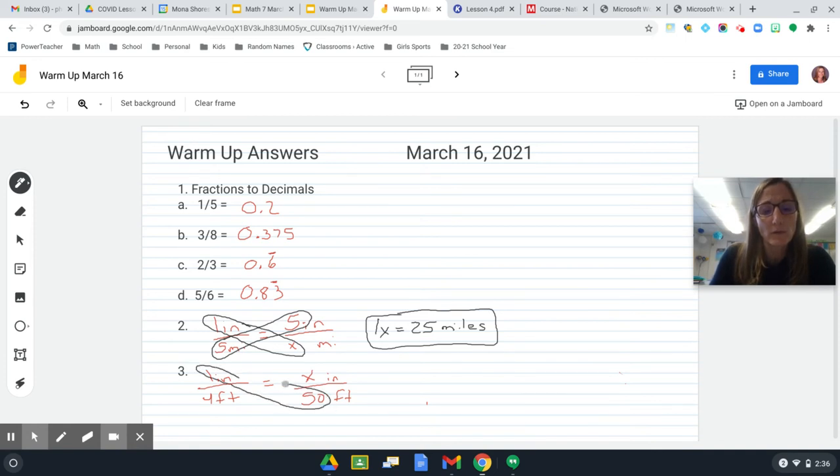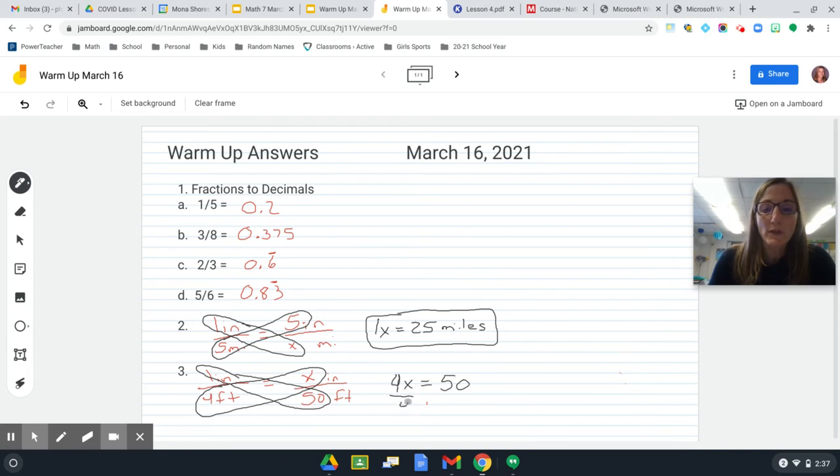So when we solve, cross multiply here, I have 4 times X, 4X equals 1 times 50. So 50. These situations are going to happen where you're going to have sometimes a number with the variable. You have 4 with the variable here. This says 4 times X. Well, we have to undo that, right?